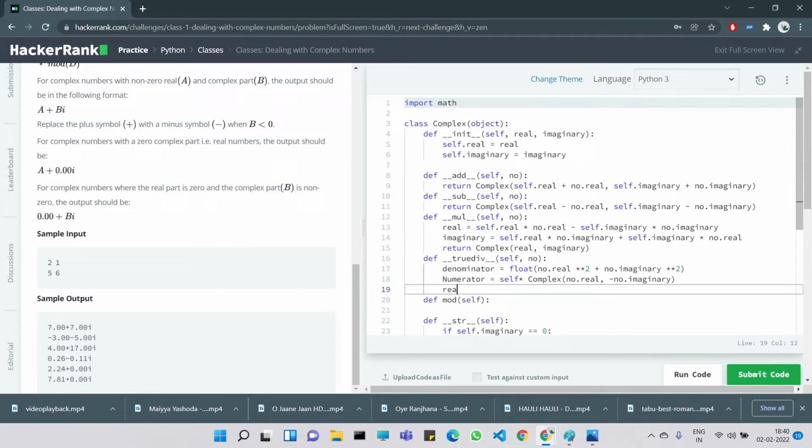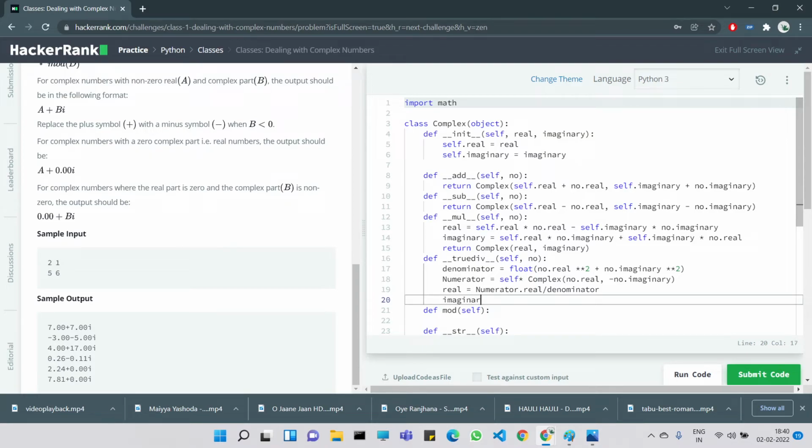So real equal to numerator dot real divided by denominator.